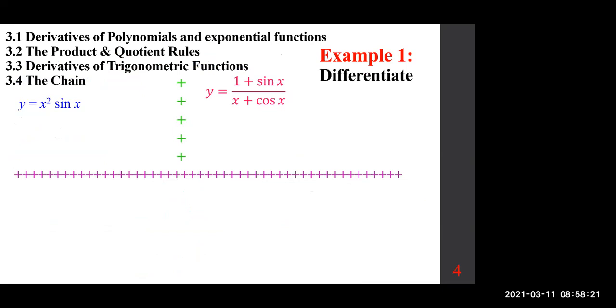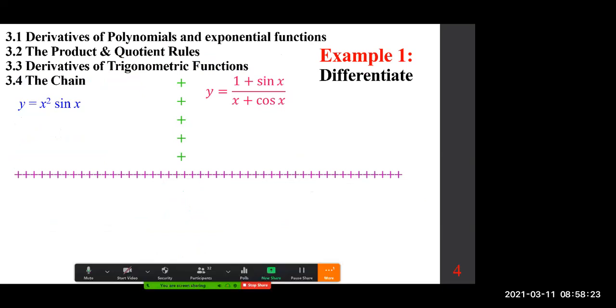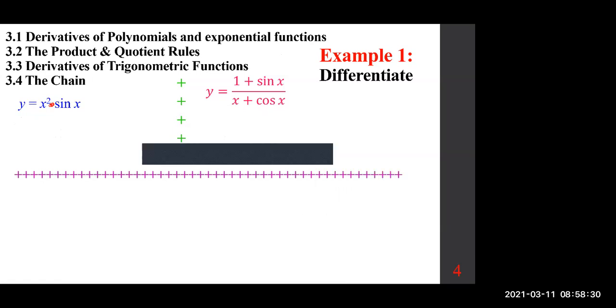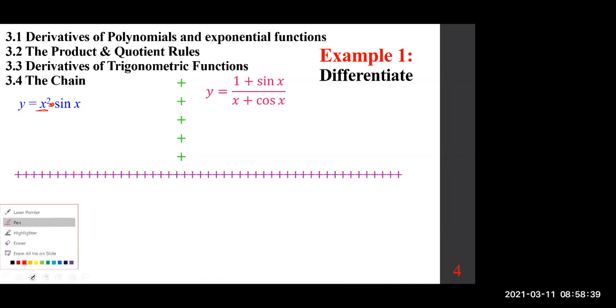Starting with the first one, I'm going to put a raised dot in between, meaning we are dealing with the product rule here. The product of x squared and sine x. I'm using the shorthand notation, and I'm going to write it: (fg)' is f prime g plus g prime f. That's the shorthand notation.